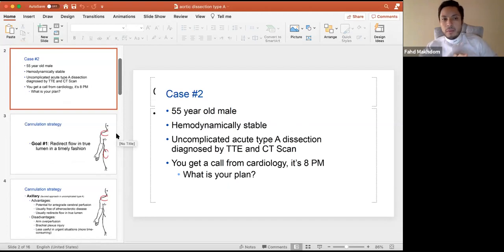He was found to have the type A dissection on a CT scan when he was complaining of chest pain. The CT scan you saw was a type A dissection involving the ascending aorta all the way down to the bifurcation, and there was involvement in the right brachiocephalic artery as well.